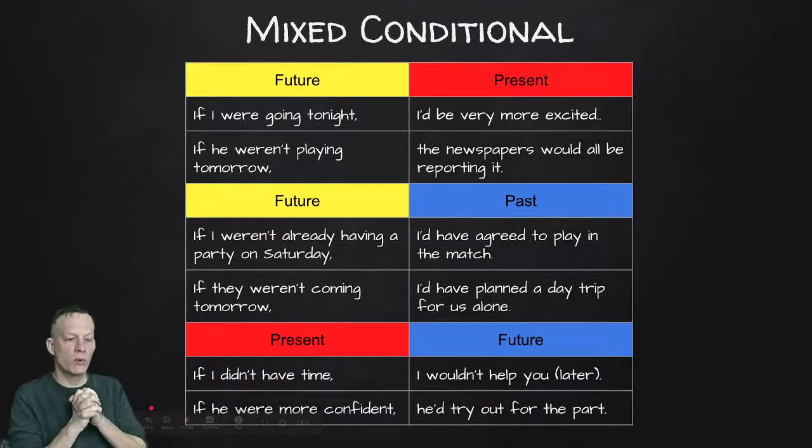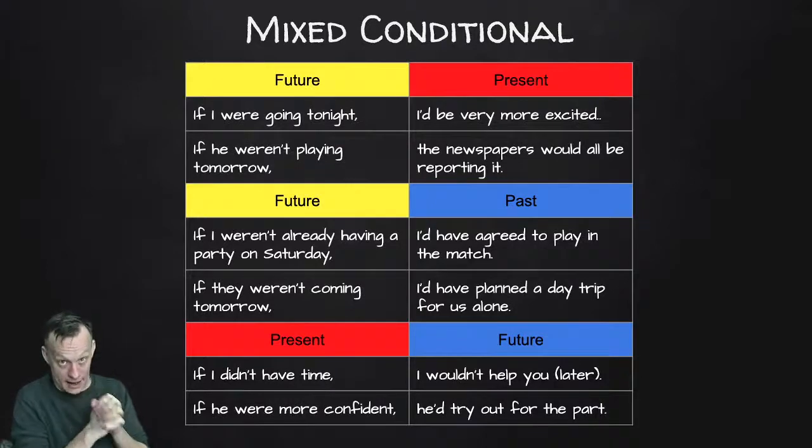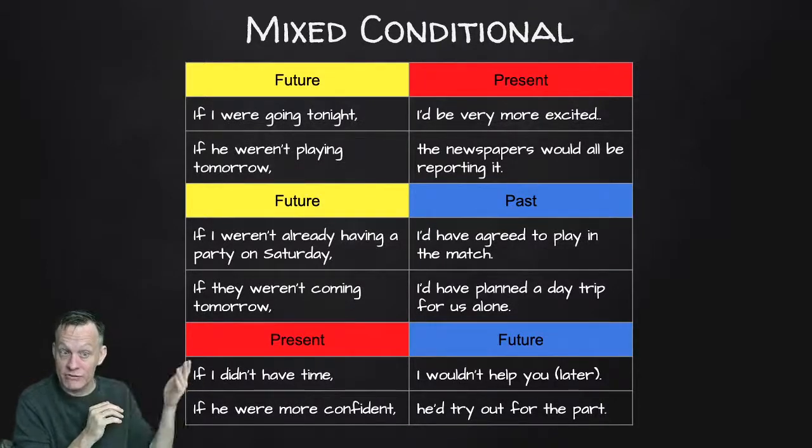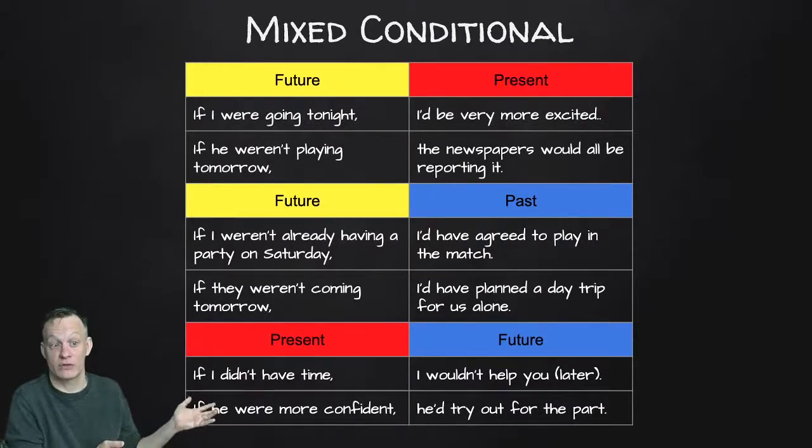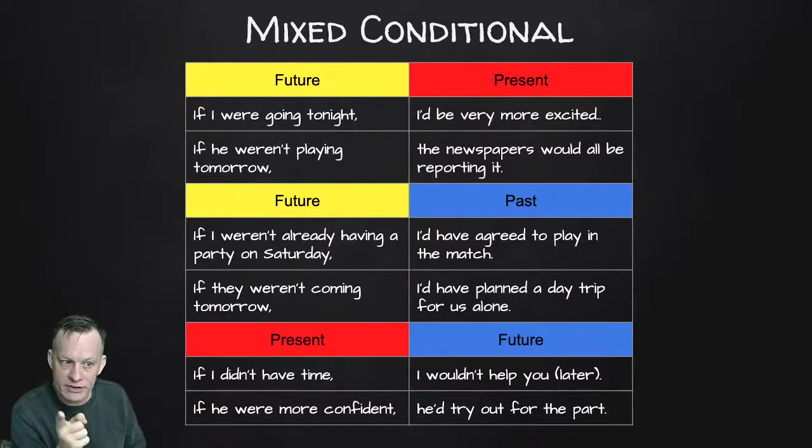If he were more confident, he's not very confident, but if he were more confident, he'd try out for the part tomorrow. Tomorrow there's a casting, and everybody is going except him because he's not very confident with himself, so he's not going to try out. But if he were more confident, he would totally try out for the part tomorrow.